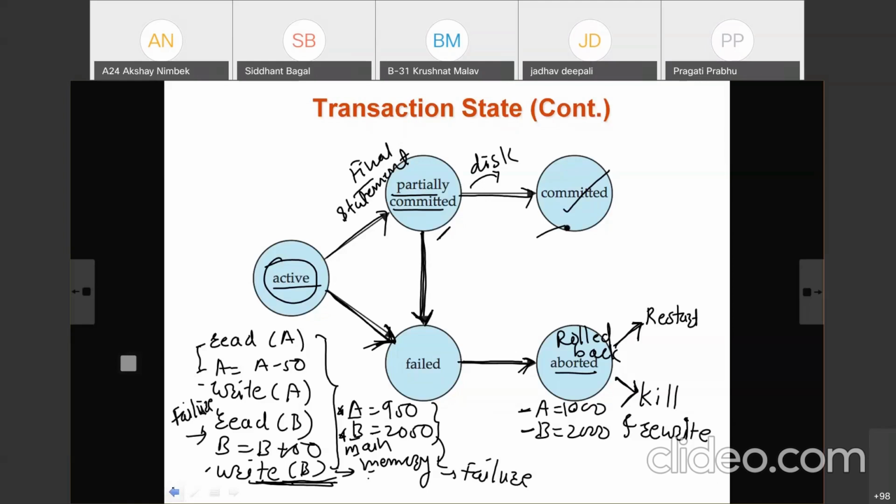So in that case, we call it partial committed. And once these values, whatever was updated by the transaction, are transferred to the disk, then it enters the committed state. Or we can say the transaction is successfully committed or successfully completed.